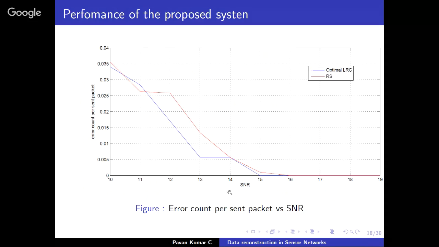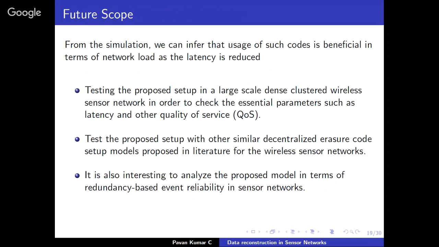It's similar to BER, and we can see that using the optimal locally recoverable codes, the error correction is very good, and there is a coding gain similar to the coding gain in the case of BER. So from the simulation, we can infer that the usage of such codes is beneficial in terms of network load as latency is reduced.